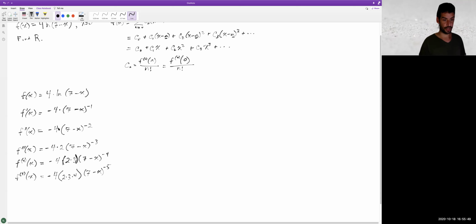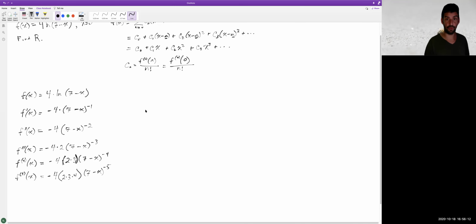What's happening out front? I didn't write a 1 here because 4 times 1 isn't really useful, but we could have written it. So we have negative 4 times 1, negative 4 times 2 times 1, negative 4 times 3 times 2 times 1, or here is 1 times 2 times 3 times 4. We're getting a factorial sitting here.